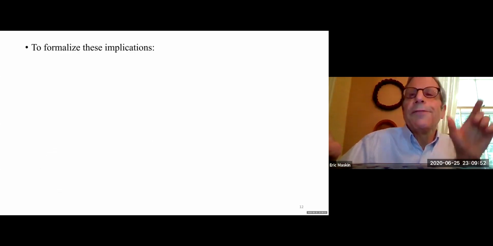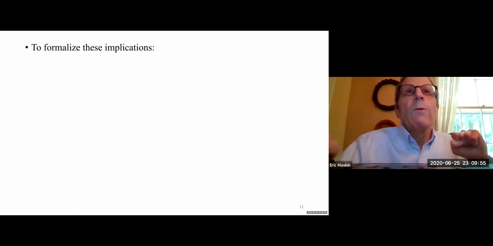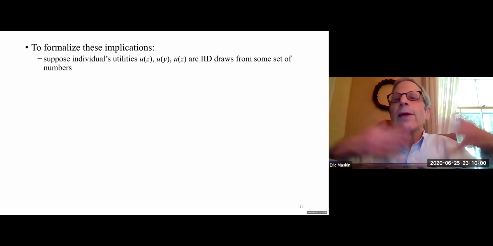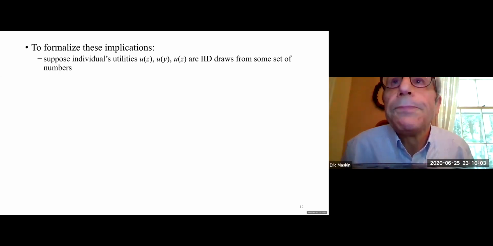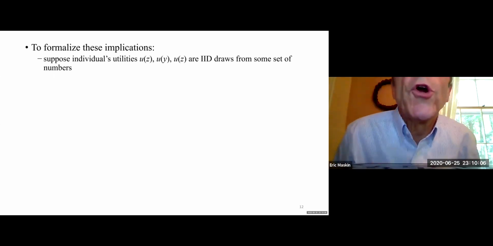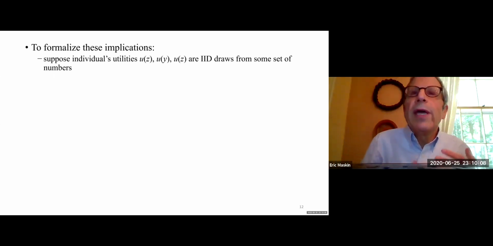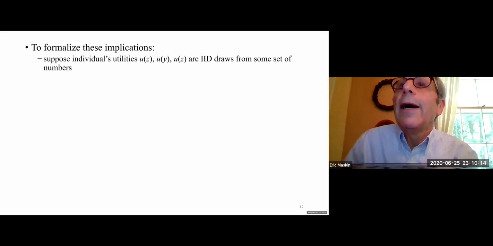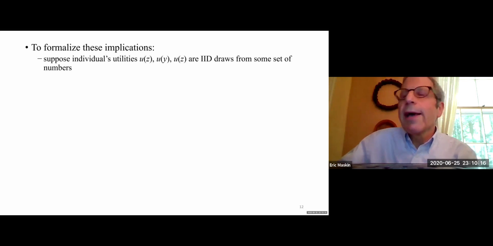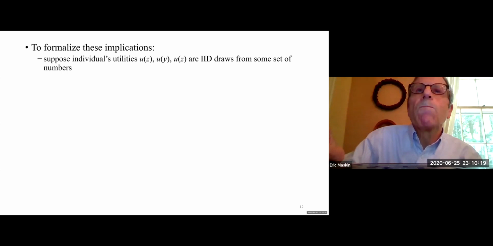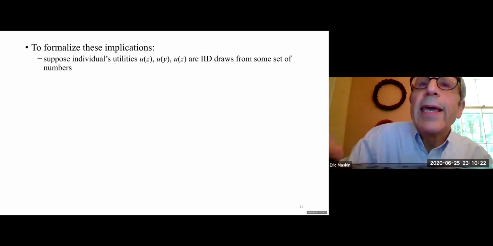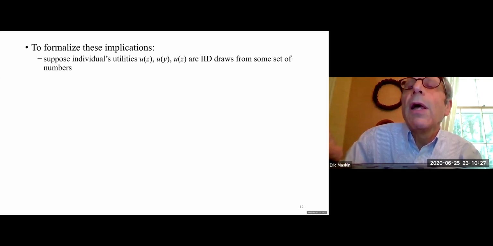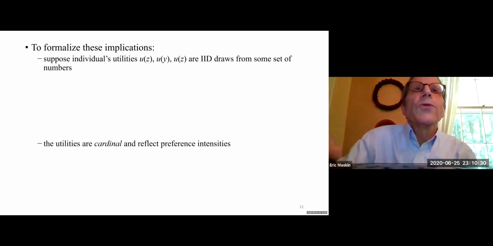Now, how do I make sense of intensity? Well, let's imagine that we're outside observers. We can't actually observe people's utilities, but from our point of view, let's imagine that these utilities are drawn from some set in an IID way. Well, then we can make inferences about these utilities based on ordinal rankings.